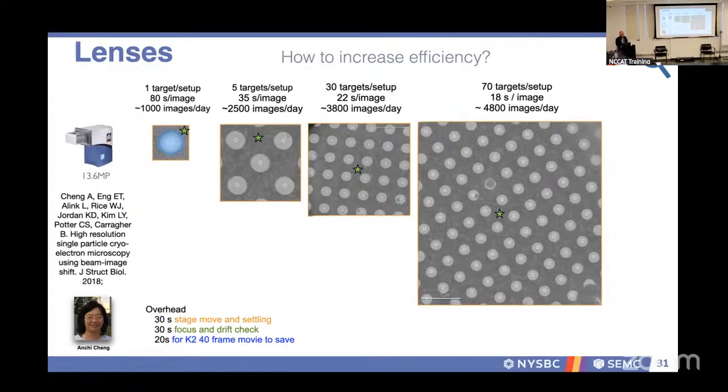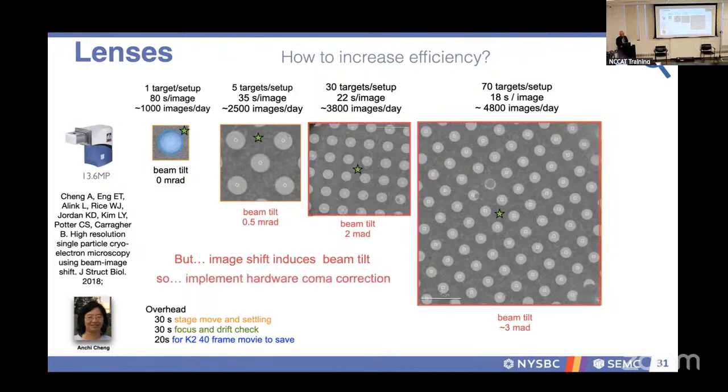That has really increased throughput because you don't have to wait for a lot of the stage settling time. Unfortunately, this does introduce some additional aberrations, but our hardware and software can do some correction for that. That's not only stigmation; there's coma, and there's defocus that can go off as you go further and further off the optical axis, and that's more of a correction that we can do in hardware.